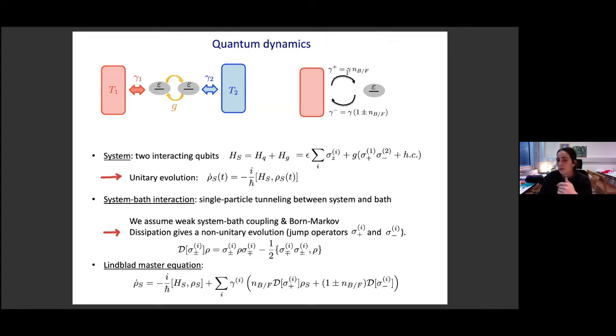If you have bosons or fermions, you will consider the Bose-Einstein distribution or the Fermi-Dirac distribution. And for plus and minus, the statistics tells you how the mean occupation number should enter. So this is the Lindblad master equation.